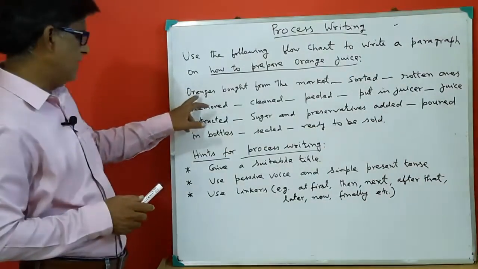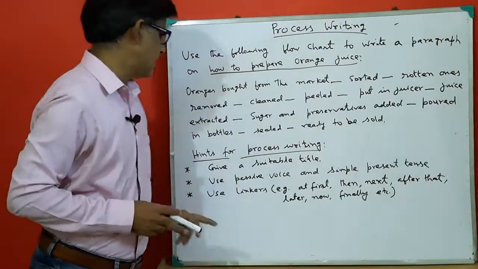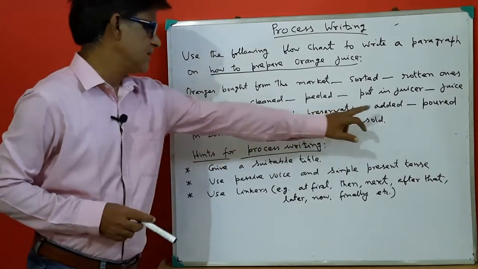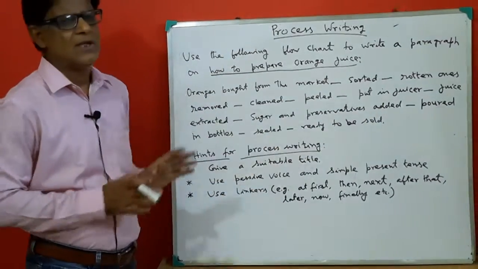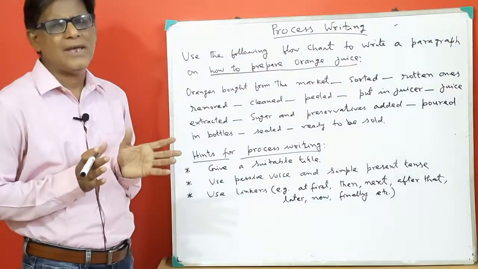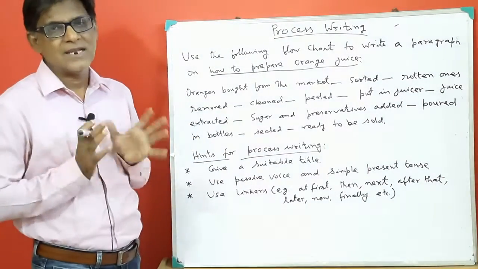Now count the points. How many points are given here? 1, 2, 3, 4, 5, 6, 7, 8, 9, 10, 11. So here are 11 points. So you have to write 9 to 11 sentences.